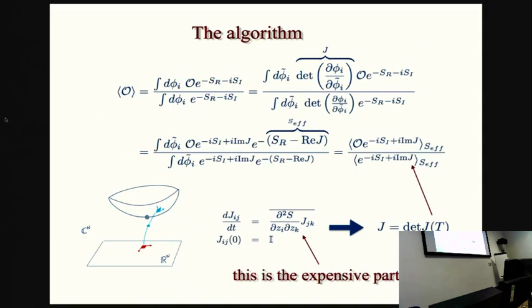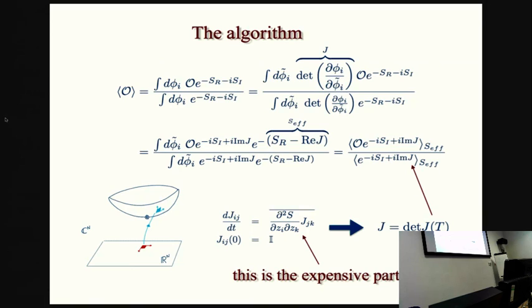So the equations, the algorithm is this. Every point, this is not the thimble, this is some manifold that's obtained by flowing the real plane. Right? I rewrite my observable in terms of this ratio here. There's some amount of reweighting. That's the imaginary part of the action. Not here, that's enormous. But over there, it's very mild.